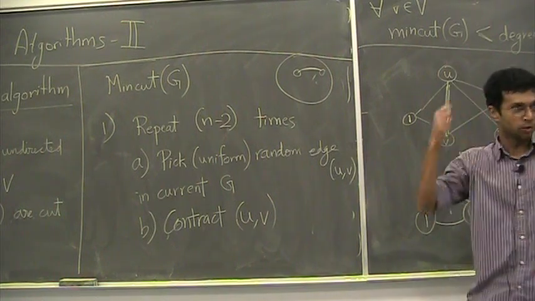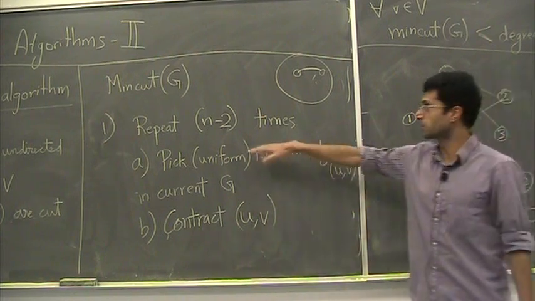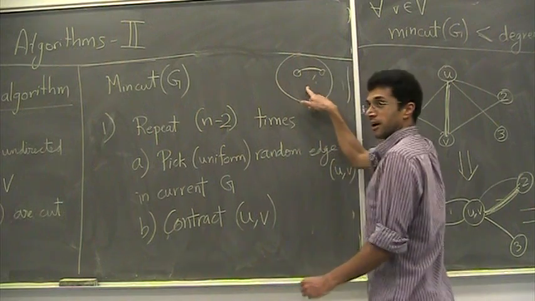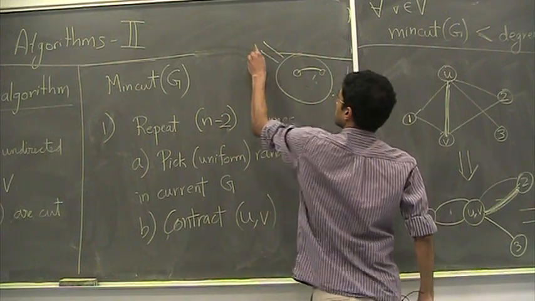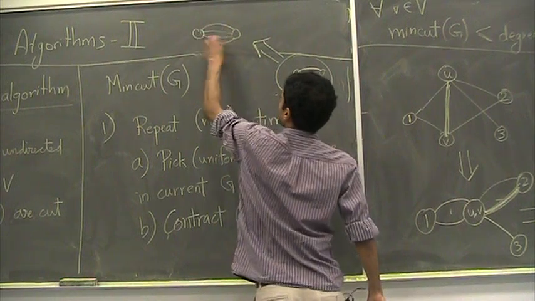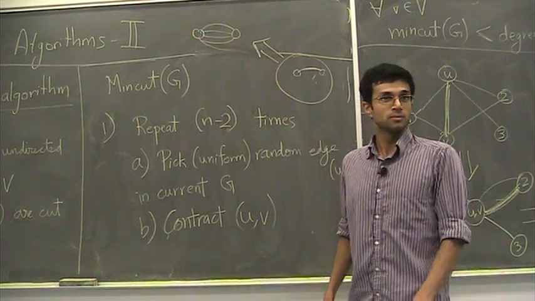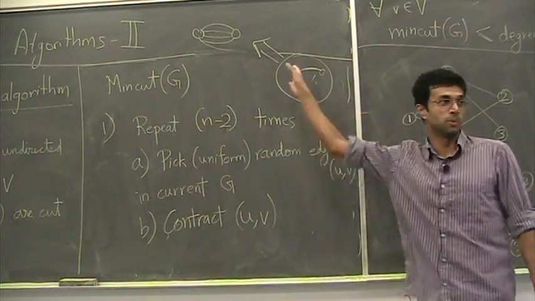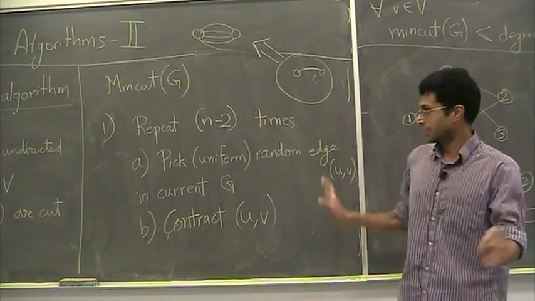Each time you contract, you decrease by 1. So if you repeat this n-2 times, you will start from your graph and you will end up with 2 vertices and some edges between them, right? Does that make sense? So I'm just going to report that as the cut value. That's the Mincut. That's the algorithm.